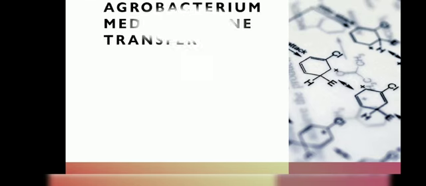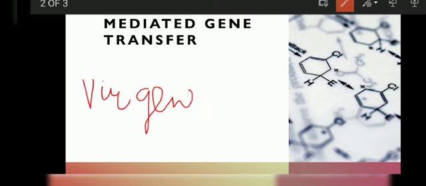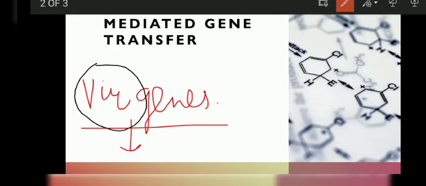So today we are going to talk about the agrobacterium-mediated gene transfer. As we have seen in the previous video of the Vir genes in the TI plasmid, these Vir genes are actually responsible for integration and transfer of tDNA into the genome of plant cells.